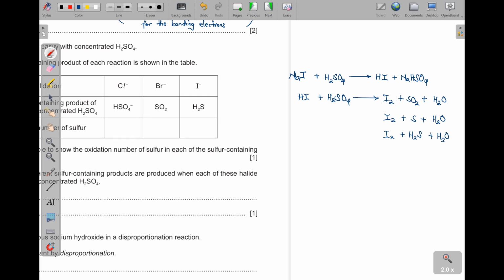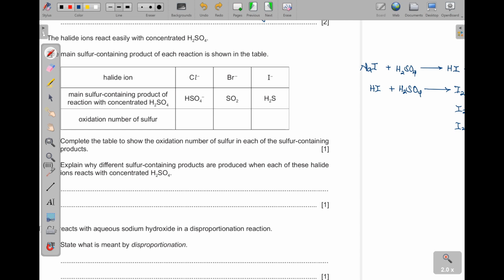For hydrogen bromide, if here we had bromine, it is only this one. Here you get bromine, then sulfur dioxide, and then water. But for iodine, it goes further and gives you the sulfur or maybe the hydrogen sulfide. They are telling us that the main sulfur-containing product for the reaction of concentrated sulfuric acid with chlorine is this one, hydrogen sulfate.